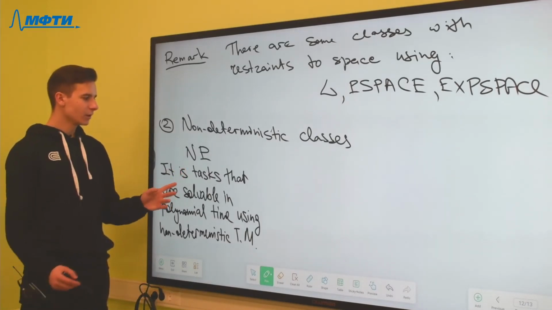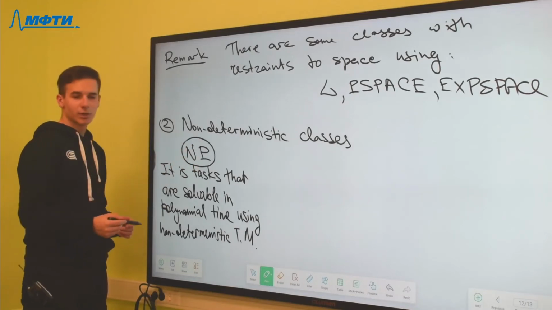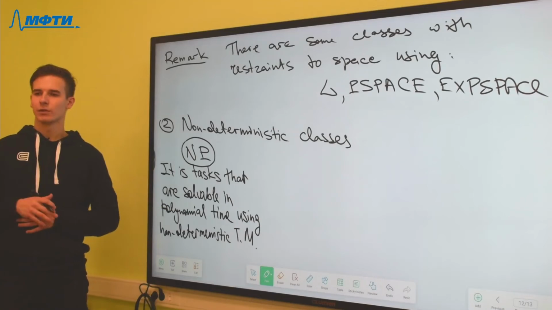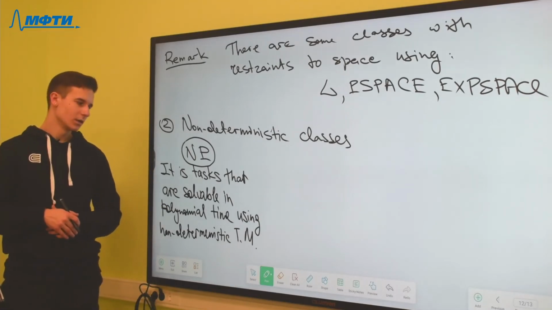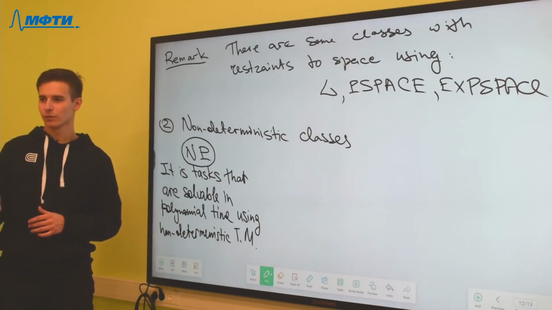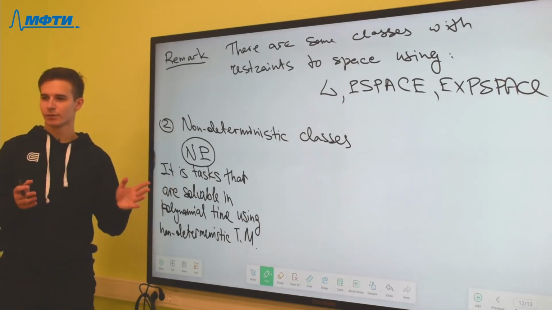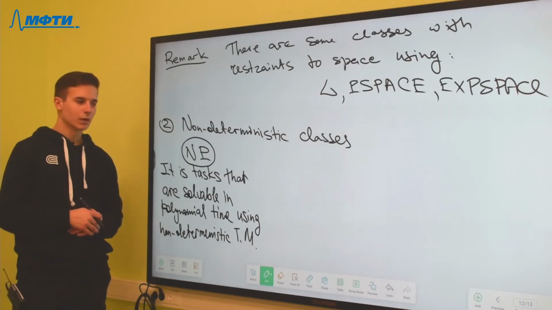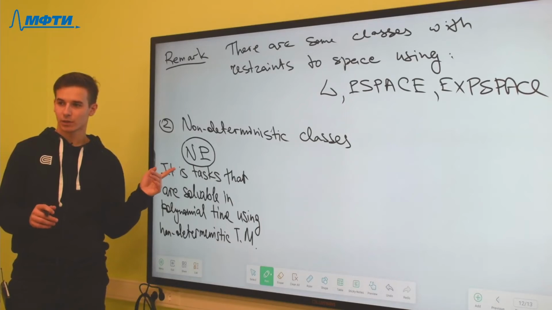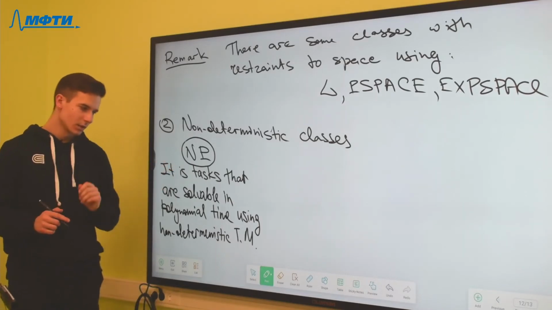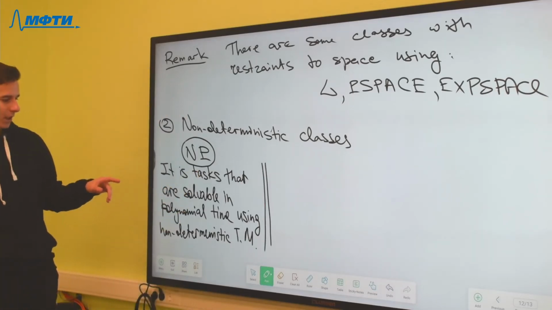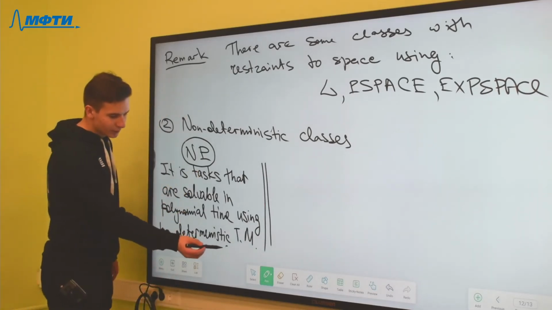And for example, some coloring problems. If we have some graph, we want to know whether we can color it with, for example, 3 colors, with red, blue, and black. In the general case, it is an NP complete task. Because how to understand what NP is? What is a non-deterministic Turing machine?